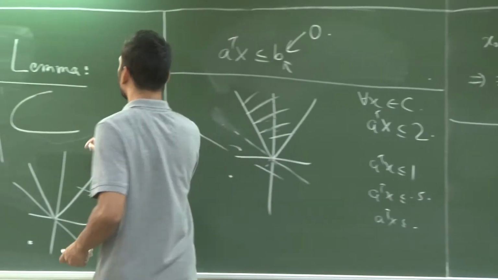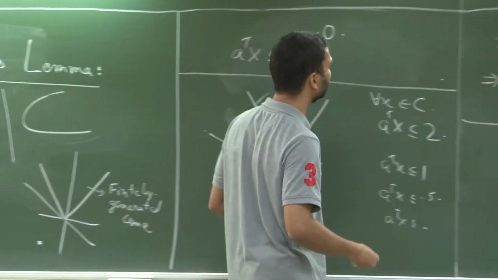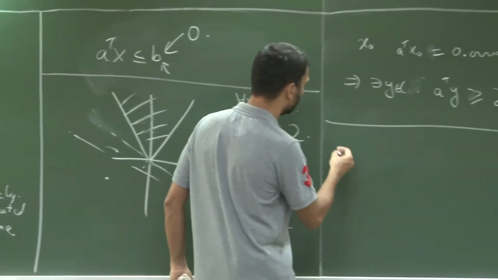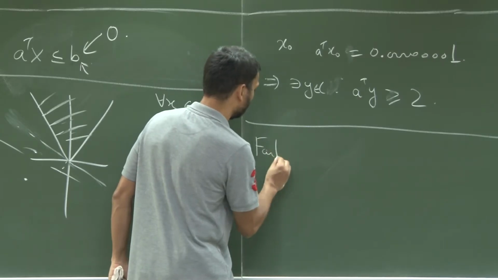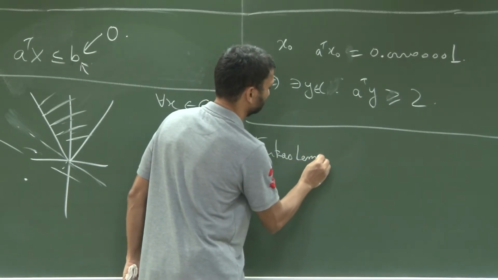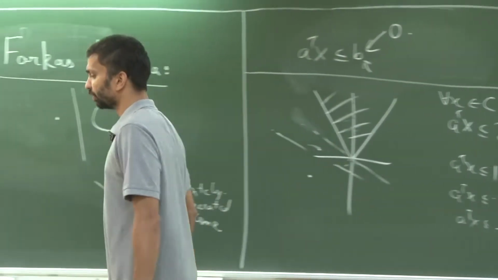So we know one proof of it. Let's do another proof of it, which probably comes out more naturally if we look at Farkas lemma in a slightly different way. Okay, so what does Farkas lemma say?